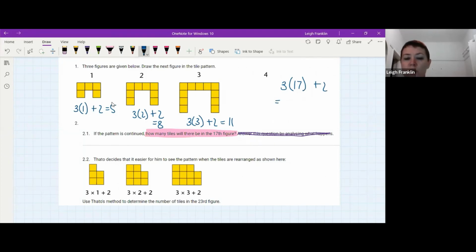And what's 3 times 17? 51. Absolutely. And then when you add 2 onto that, you're going to end up with 53. Beautiful, Takalani. Well done. Okay, so 53 tiles in the 17th picture.